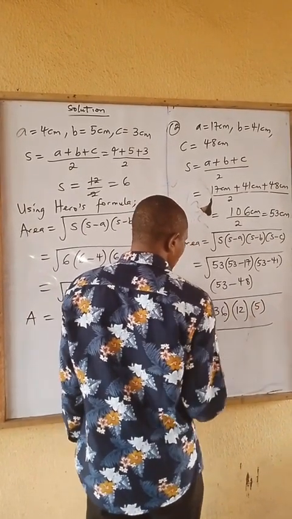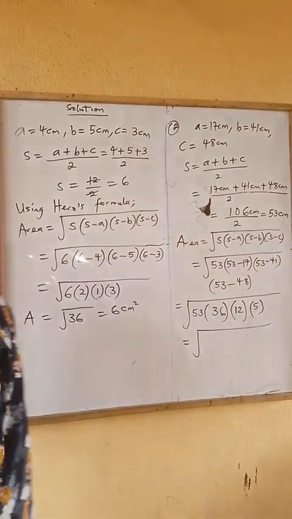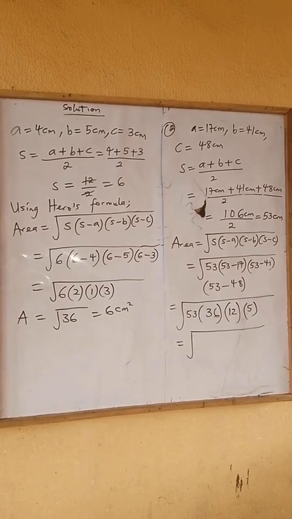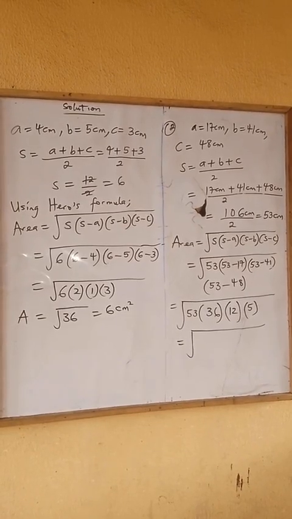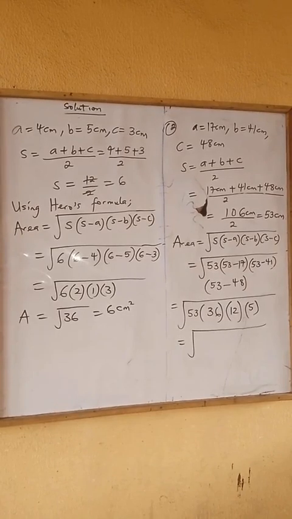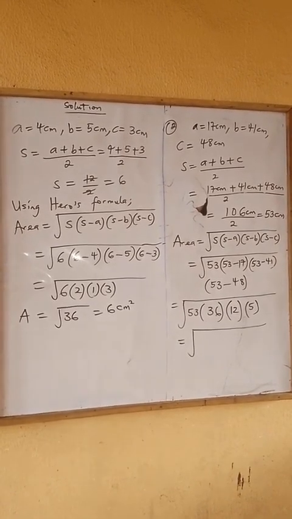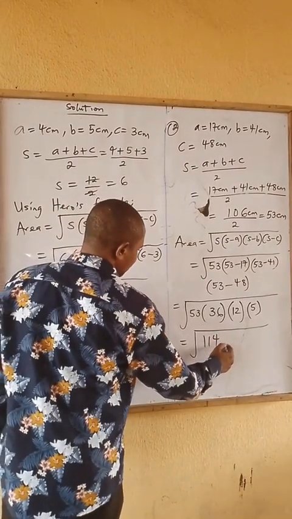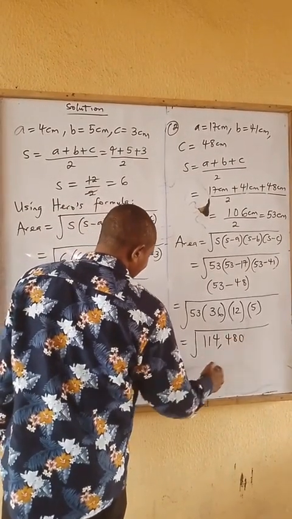So we are going to have square root of, so we are going to multiply 53 by 36 by 12 by 5. And by the time we multiply, we are going to have 114,480.